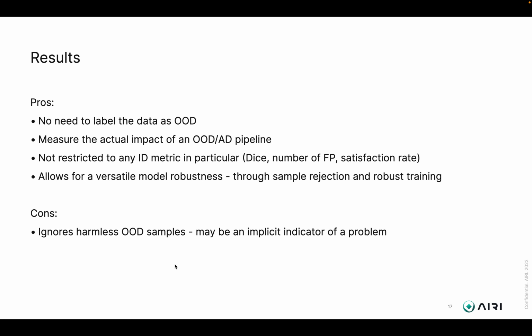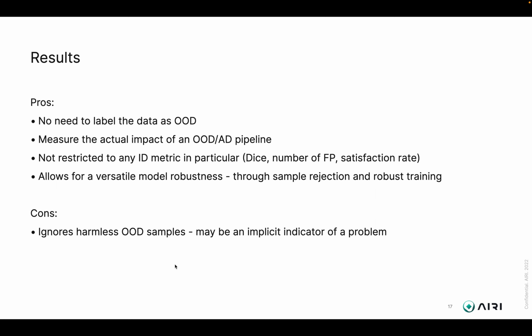In conclusion, I would like to point out the pros and cons of the proposed framework. Firstly, it doesn't require the exact out-of-distribution labels. No need to select the threshold at which the data becomes out-of-distribution, or even is it out-of-distribution at all.